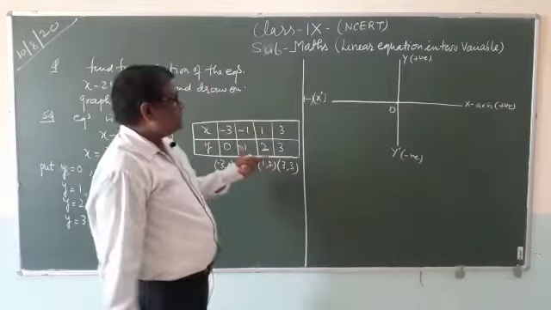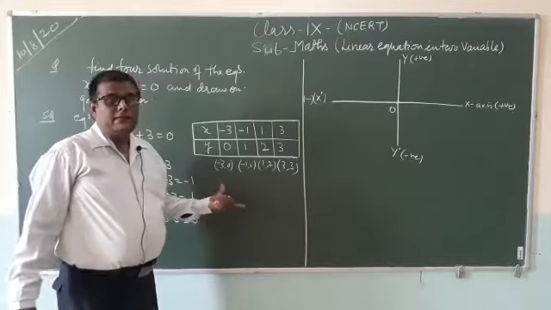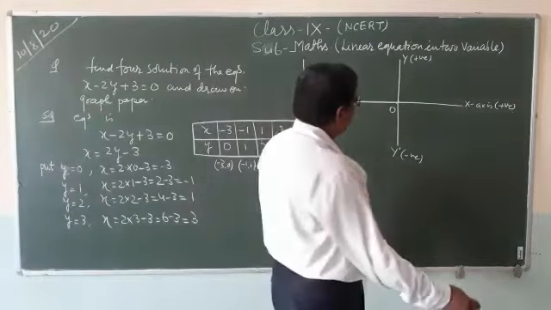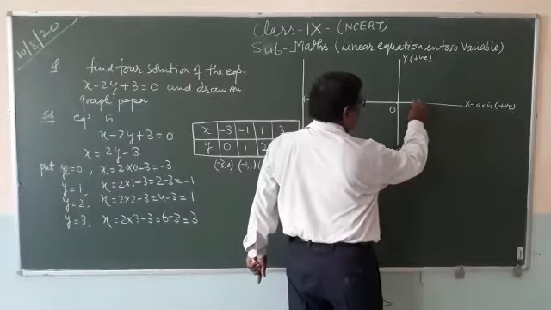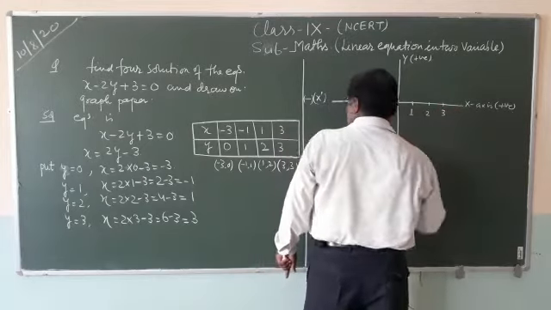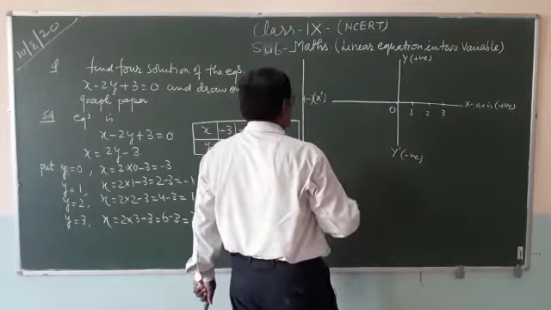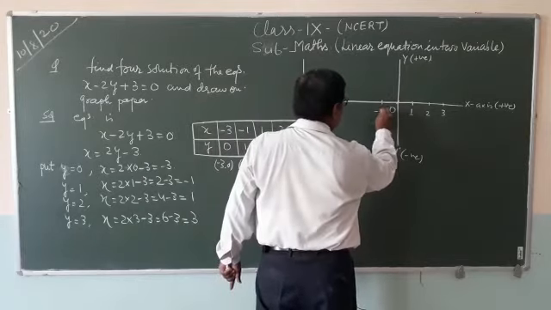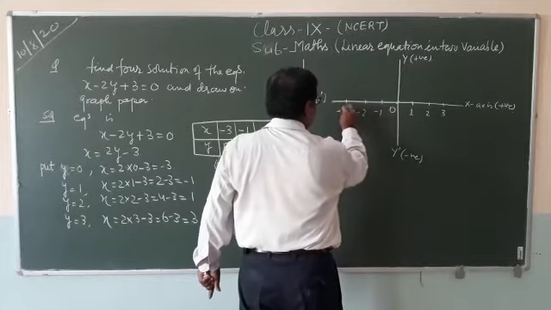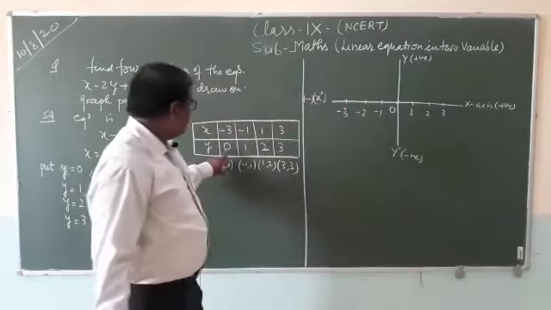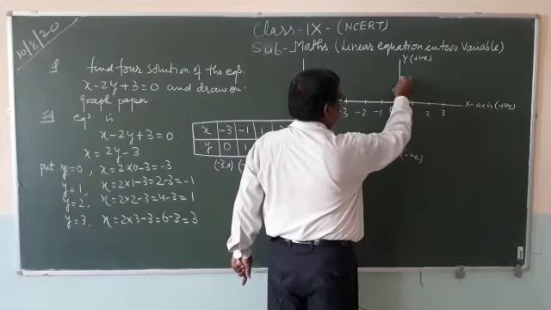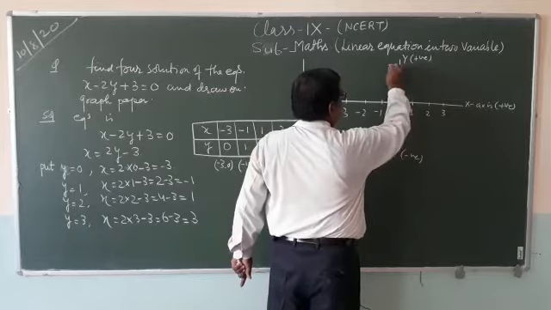Now take the unit as 10 small divisions equal to 1 centimeter on both the x and y axes. Take 1, 2, 3 on the x axis, and minus 1, minus 2 and minus 3. On the y axis take 0, 1, 2, 3.